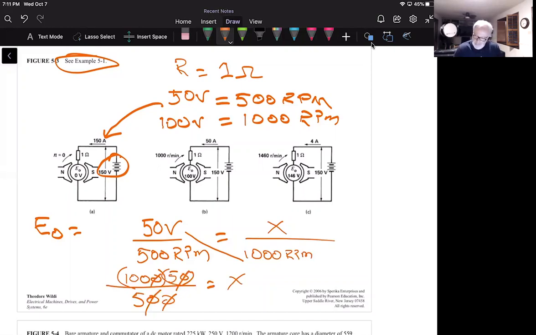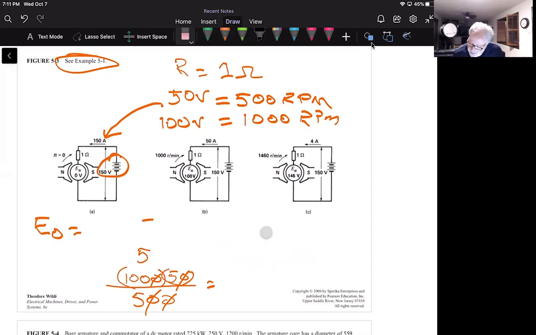So the net voltage there is 50 volts at 500 RPMs, and it would be 100 volts at 1,000 RPMs. Excuse me for stumbling through that, but gosh, that's a lot easier than I made it.